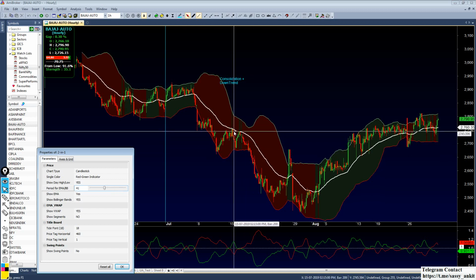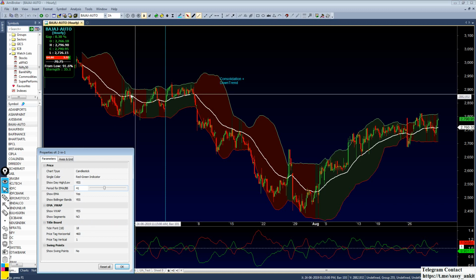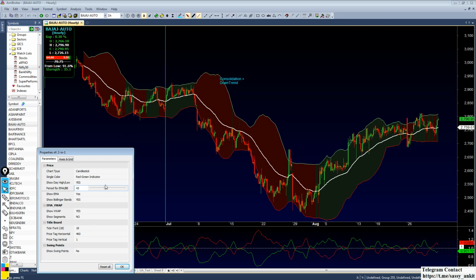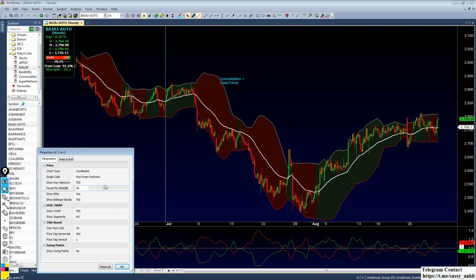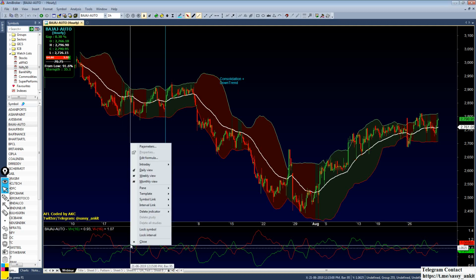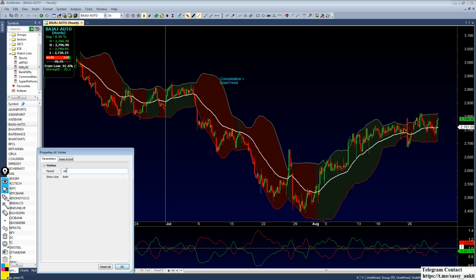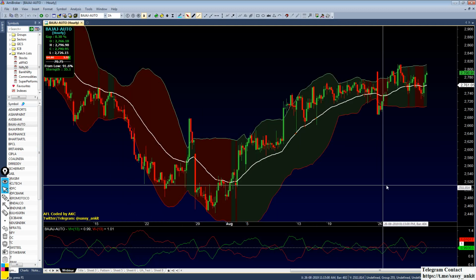I'm looking at this zone, this zone, this zone. See, it's nature, it's a personality, so once it follows in the past, it will follow in the future. So 40, the nearest multiple is 39, so let's take 39. 39 is 13, and now let's see what happens.